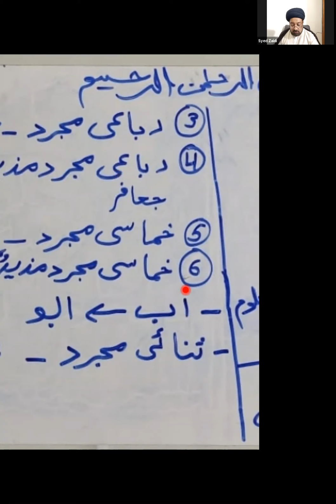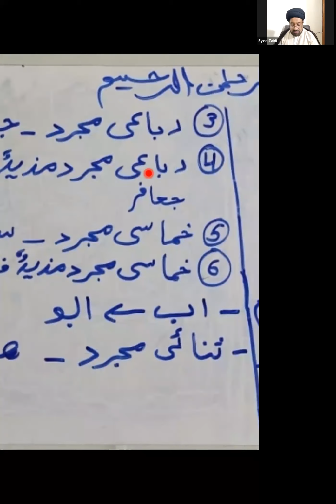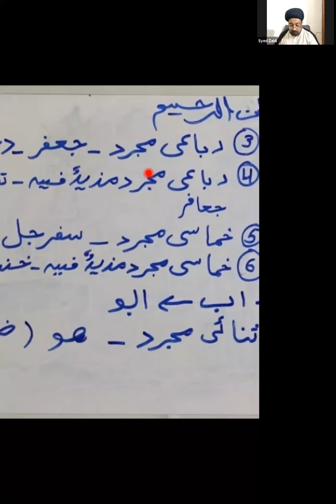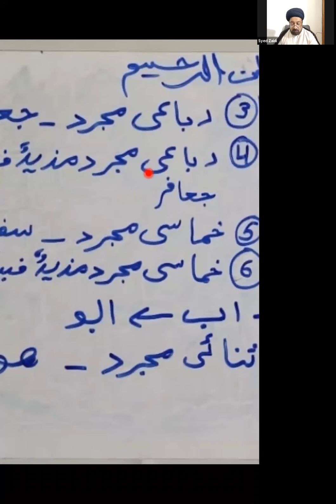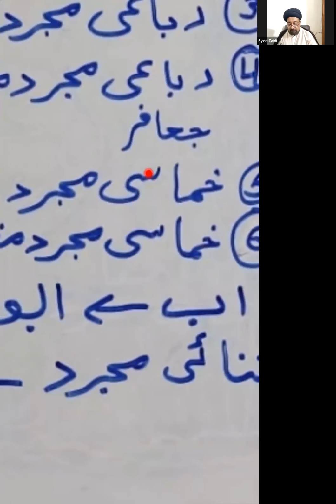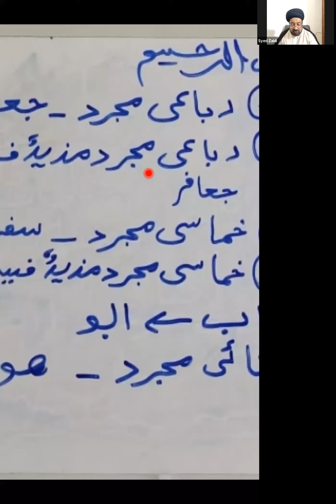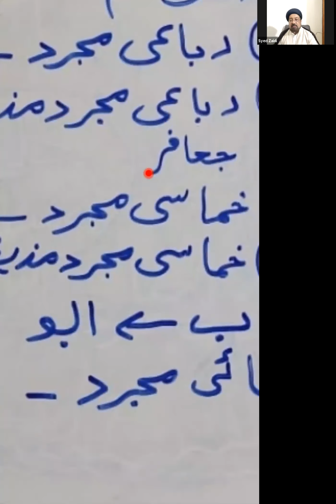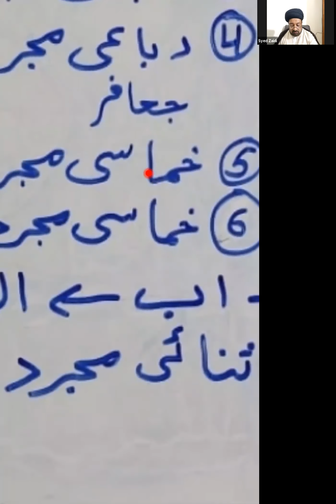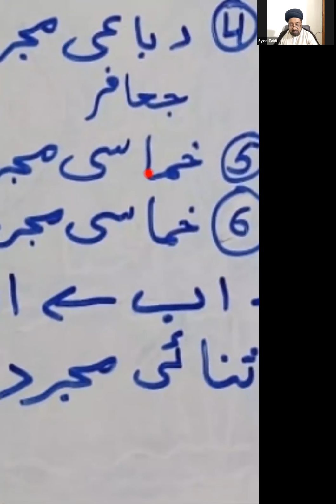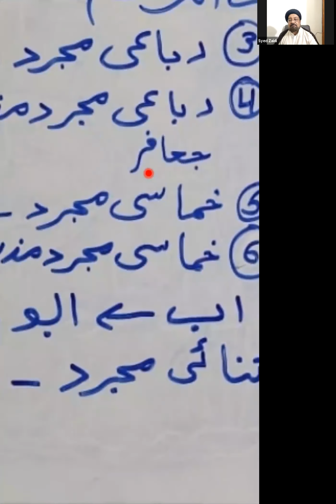We move on to the fifth category, Khumasi Mujarrad. Now, as we move to the fifth category, there is only one word that I've brought as an example, which is Safarjal.